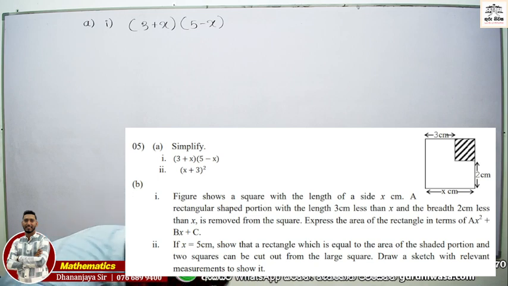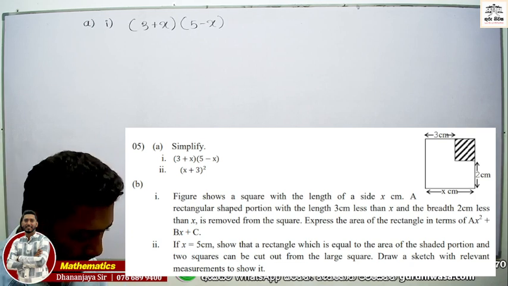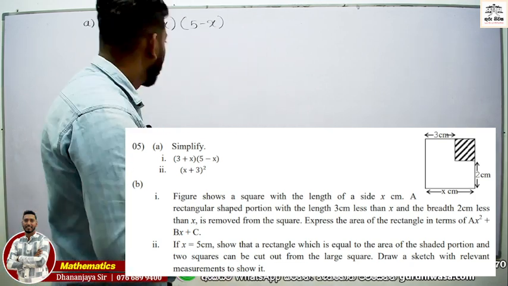The product between the two algebraic expressions. So the answer is 15 plus 2x minus x squared.